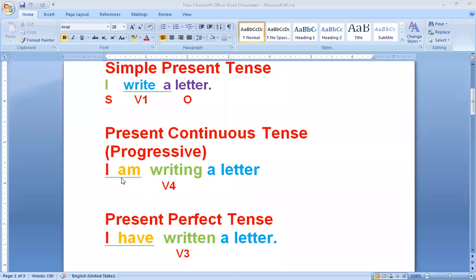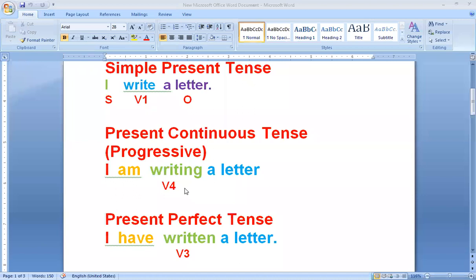Then is is used with the singular subject: he, she, it. And are is used with plural subjects: you, they, people. Then the verb is in its fourth form, V4, which means the first form plus ing.